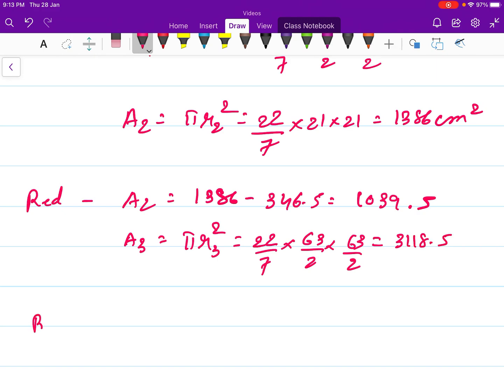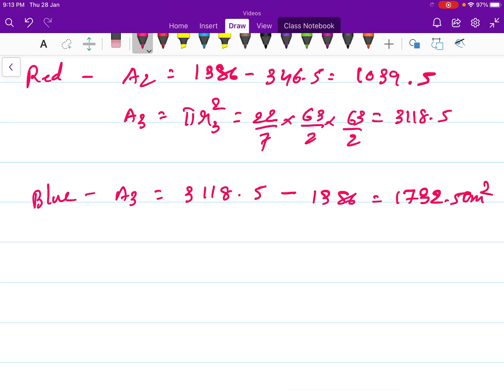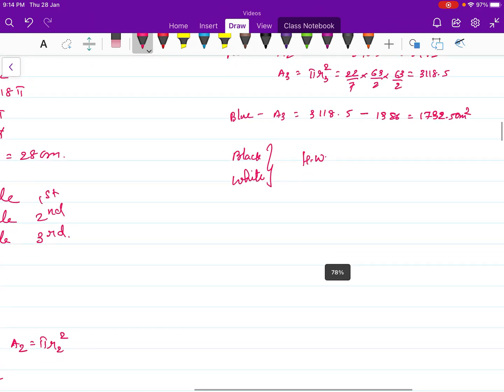Now the area of the blue region related to A3 will be 3118.5 minus 1386, which is equal to 1732.5 centimeter square. Likewise, you will be able to do it for the green region and for the white region. That will be your homework and you can complete this question.